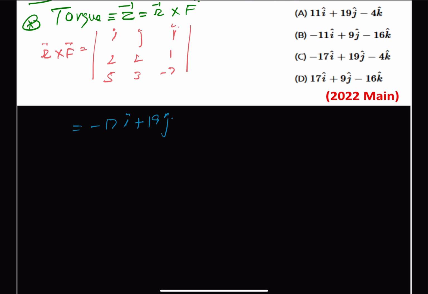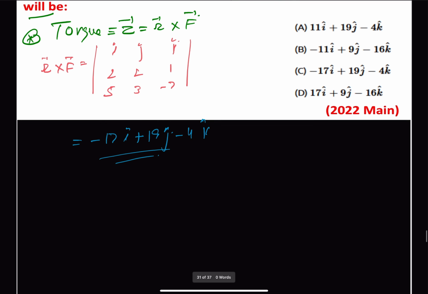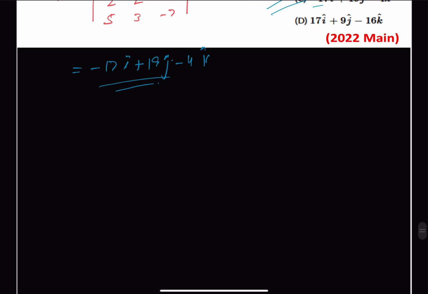And the k component will be 6 minus 10, that is minus 4, so minus 4 k unit vector. So we get minus 17, plus 19, minus 4. Option C is correct.